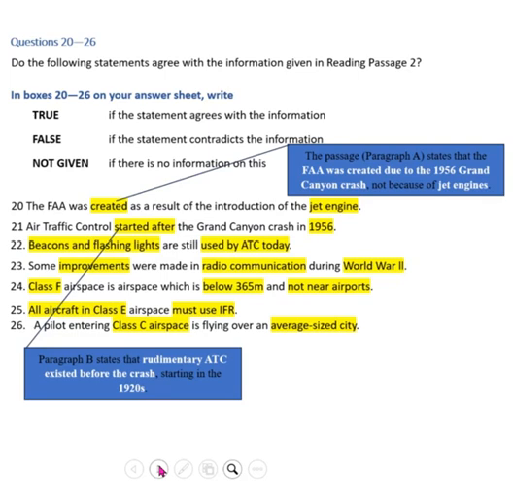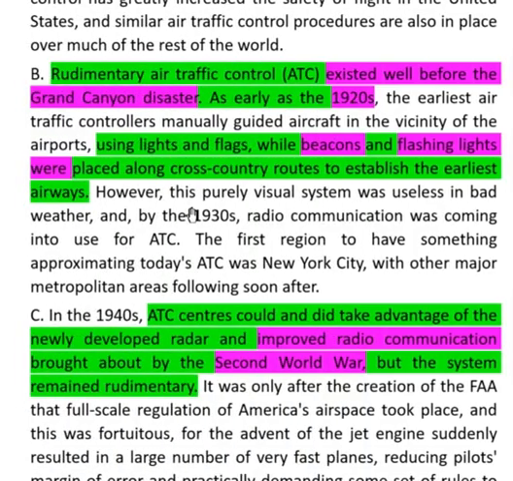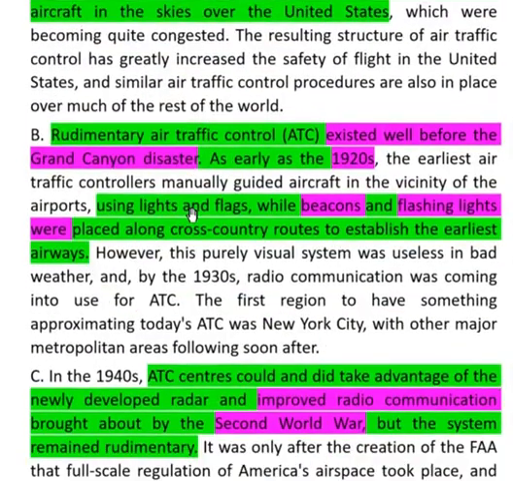We'll use keywords to locate the right section of the passage. What are the right keywords? We use beacons and we use flashing lights. So let's go back to the passage and find out where beacons and flashing lights are mentioned.